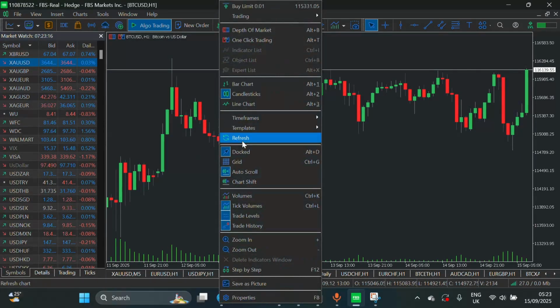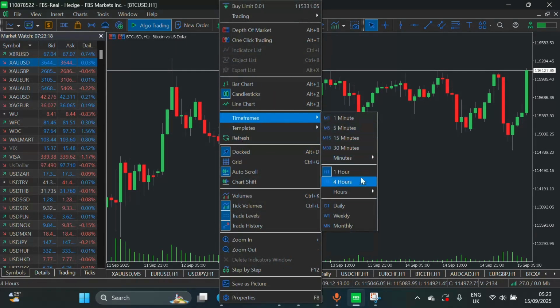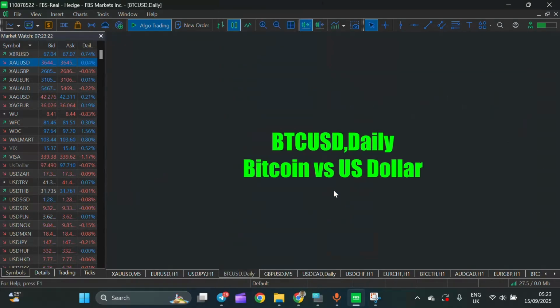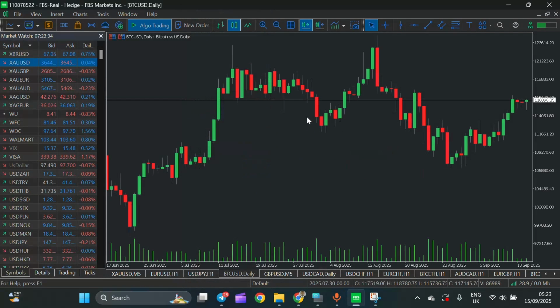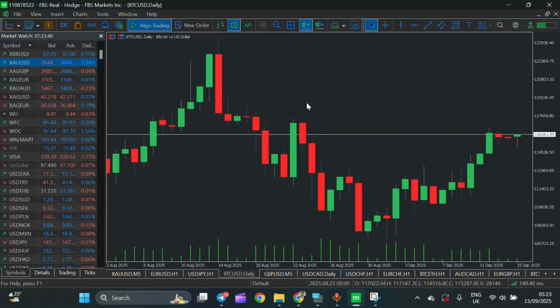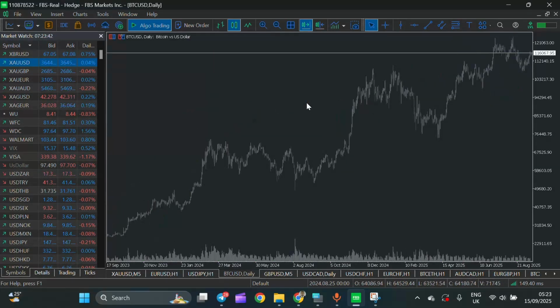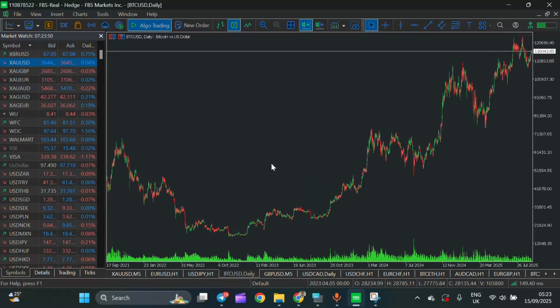The BTCUSD, first of all, we have to get to the D1 to analyze this market right now. If you zoom in, you are seeing that the BTCUSD is actually bullish, going very much high.